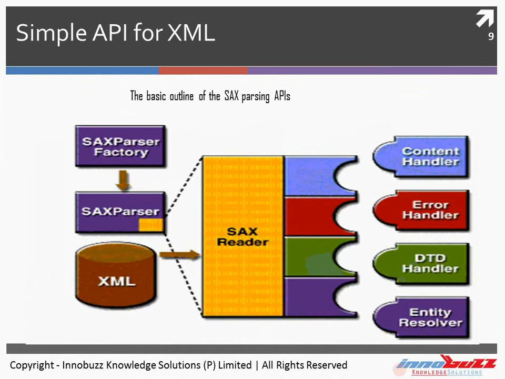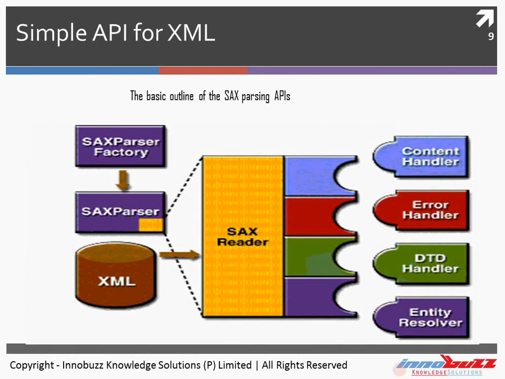Here, if you see, this is a basic outline for SAX's parsing APIs. To start the process, an instance of the SAXParserFactory class is used to generate an instance of the parser. The parser wraps a SAXReader object.